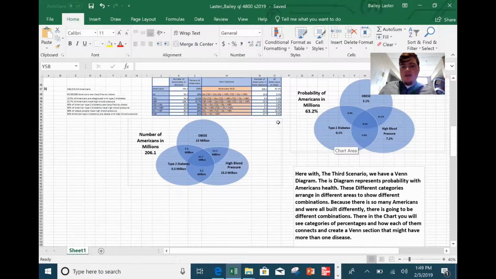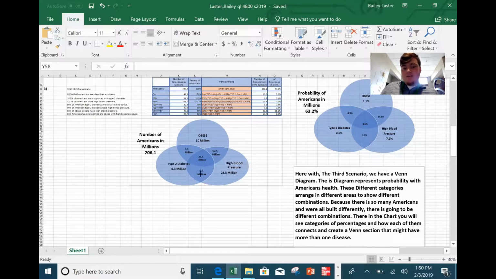So if you look at these two Venn diagrams, we have numbers of Americans in millions. So this one says 206.1 million Americans are affected. So here are lighter colors in these different combinations, and that is single numbers of Americans that are affected.